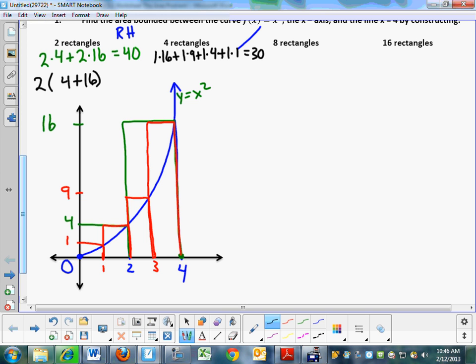Now, I'll even write that differently. 2 represents our width. You could take the width times 4 plus 16, which happen to be our heights. We found our heights by plugging in the number into the function. So basically, this is the width times the sum of our heights.